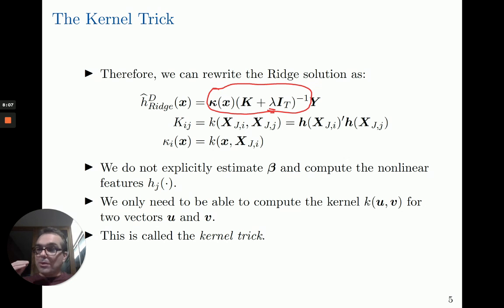So it's a very nice trick. It's very, very flexible, and it's easy to use. We are going to see that in practice in our midterm.